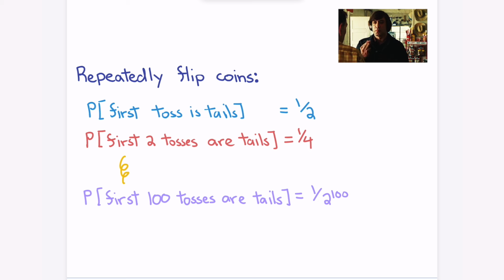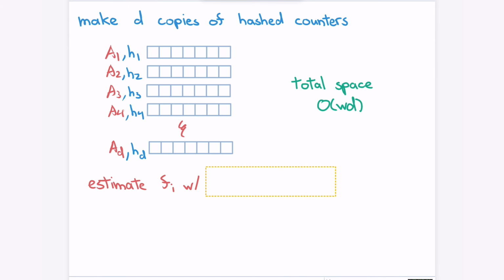That's what we want to take advantage of. It's going so fast that it might get over the fact that we have to deal with a ton of elements. So we're going to make d copies of what we just did: d sets of counters and d universal hash functions. We repeat this experiment d times, so the total space will be w times d.